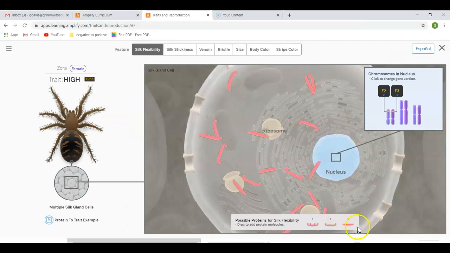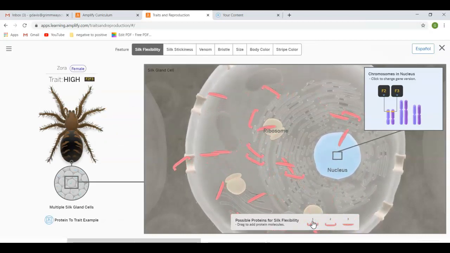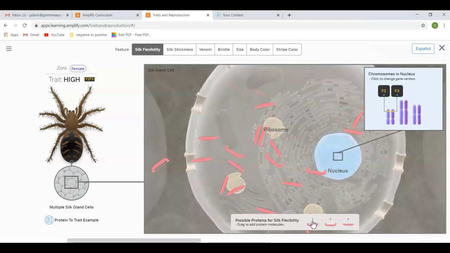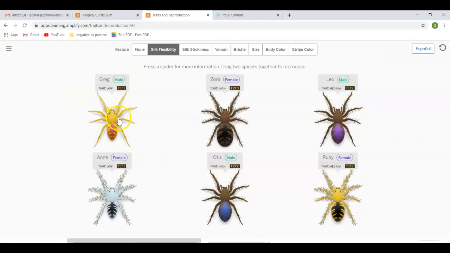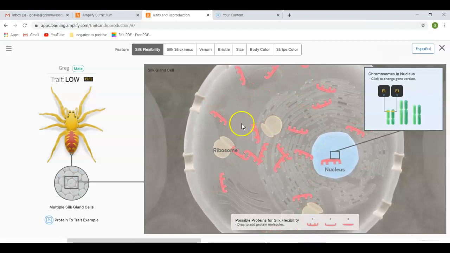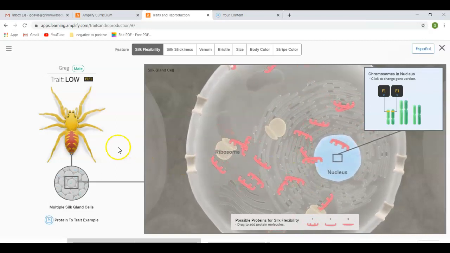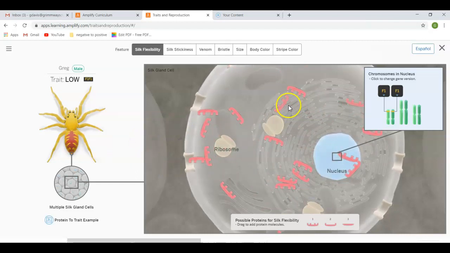She already had 2 proteins, and so when I had to add a 3rd one, it changed drastically. Remember, she went down to a medium, but when I went to Greg, I was unable to make him produce 3 at the same time. Okay, I can only add 1 at a time. So we don't know what would happen if he had all 3.